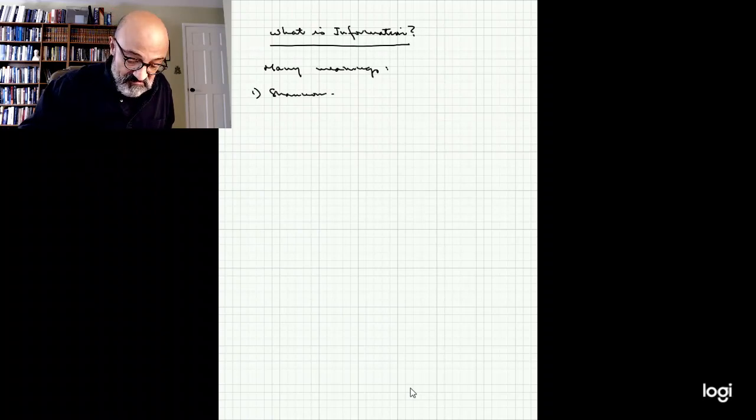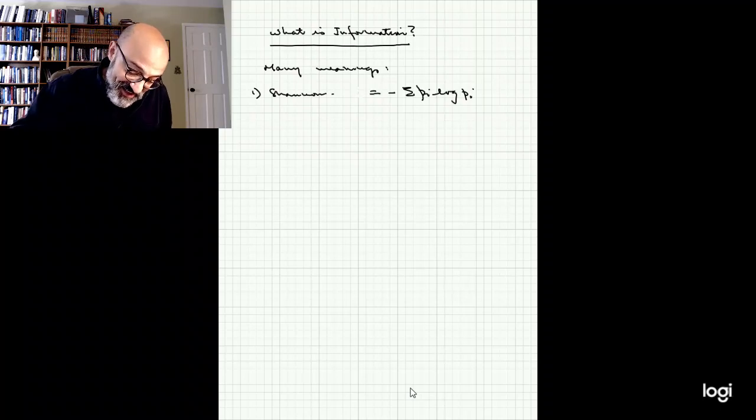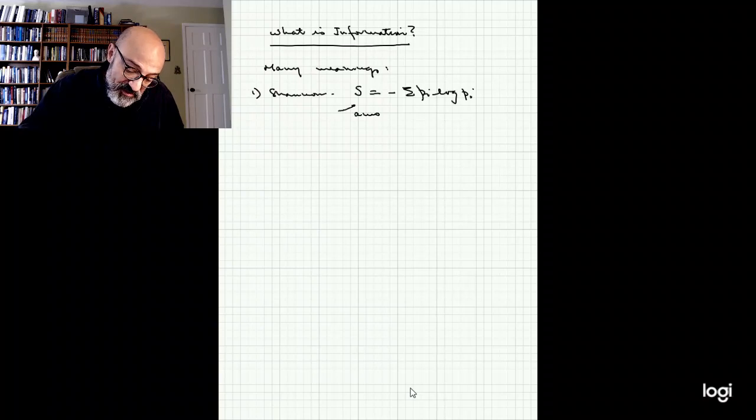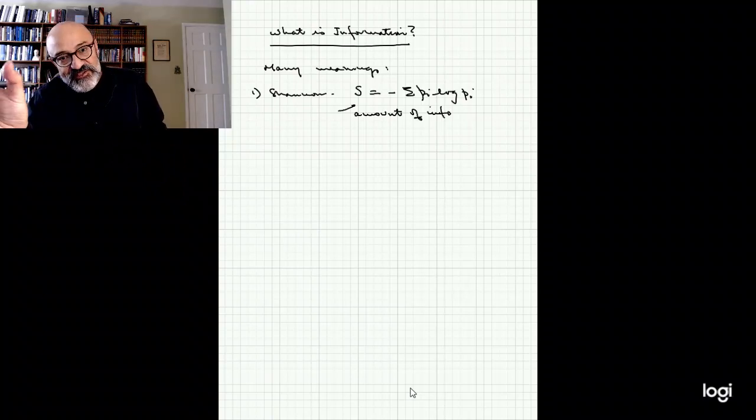People call whatever is measured by this information. Now this is a peculiarly bad feature of this, that this is measuring really an amount of information. So we are confusing information with amount of information.